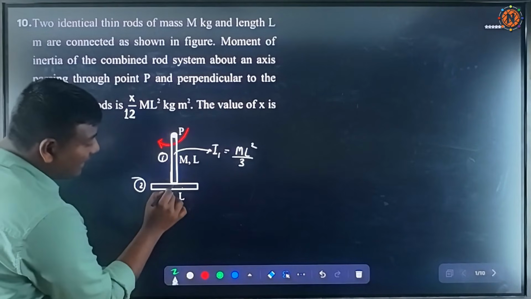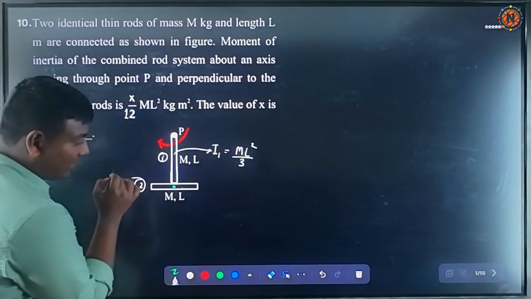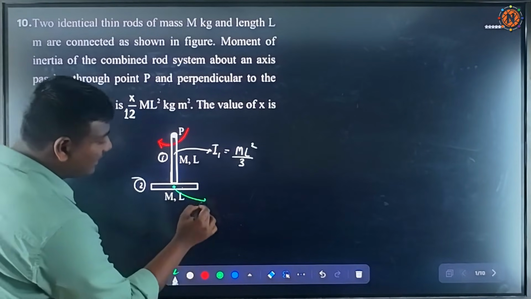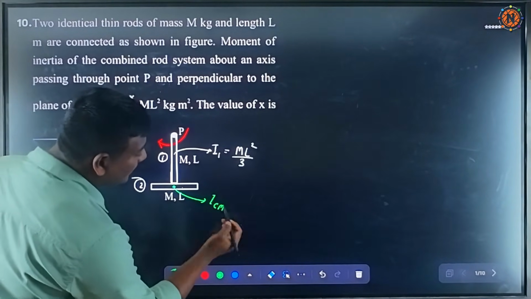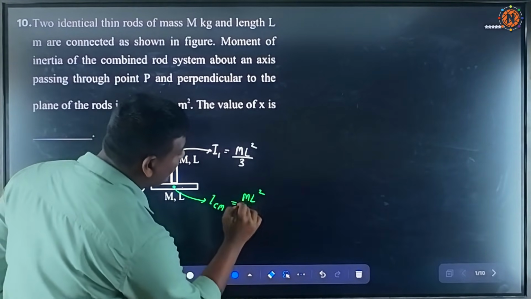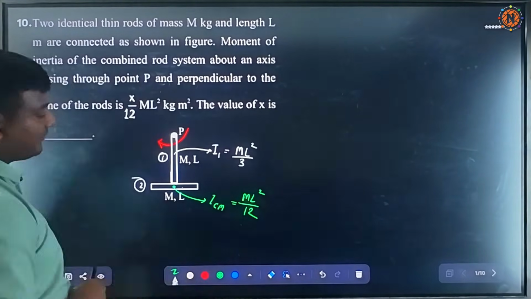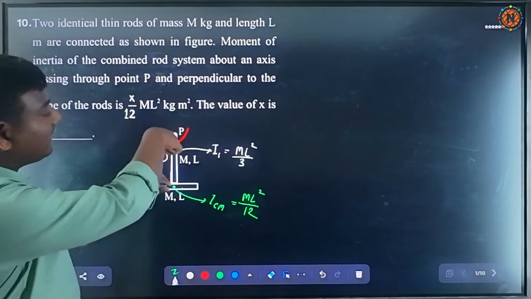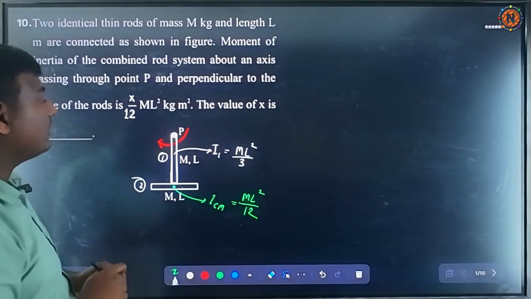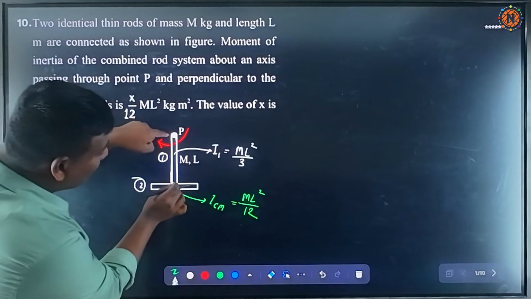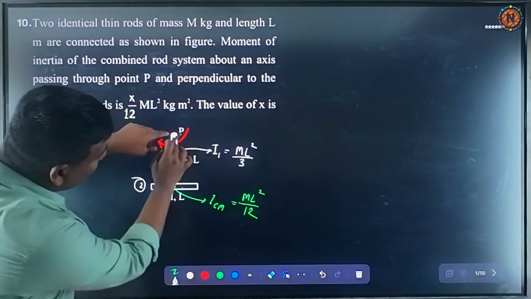Okay, let us find the moment of inertia about the center of mass. If this rod is rotated about center of mass, then the moment of inertia ICM can be written as ml square by 12. Now this is one axis and we need to find the moment of inertia about this axis. So moment of inertia about this axis will be the moment of inertia at the center of mass plus m into this distance square.